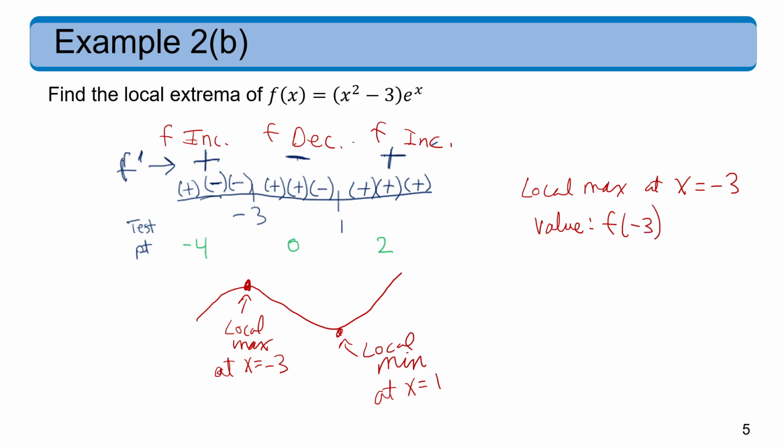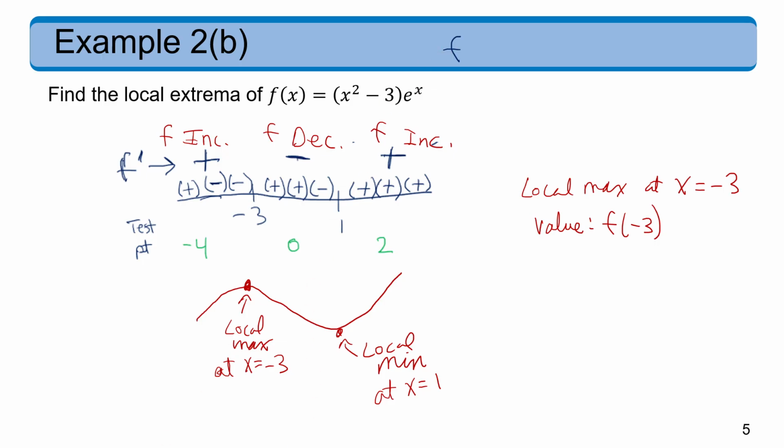So you would plug -3 back into the original function. So make sure you're not plugging into f prime here, but into the actual function f. So the formula for f, I'll just put it up at the top. Oh, we already have it here. It's this x² - 3 times e to the x.